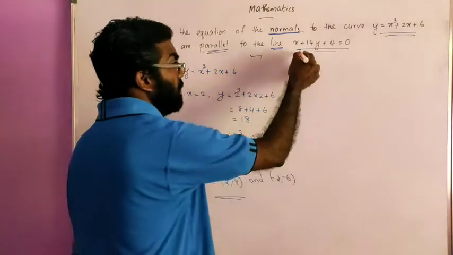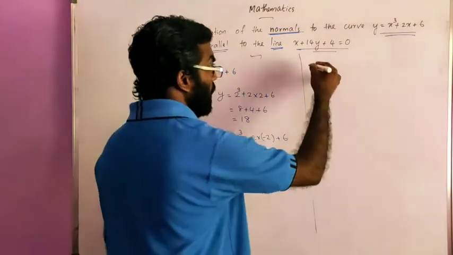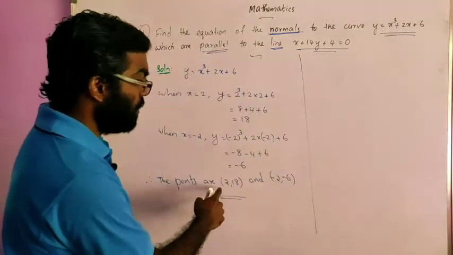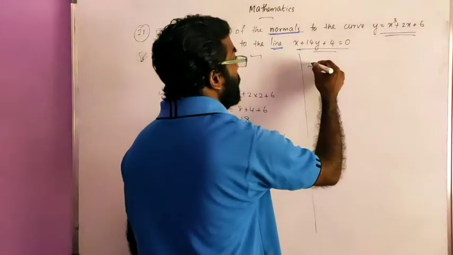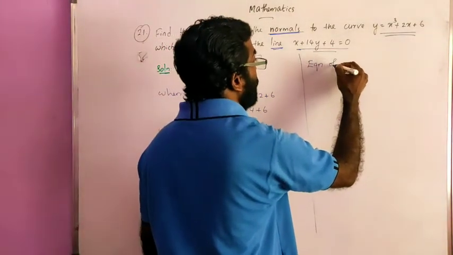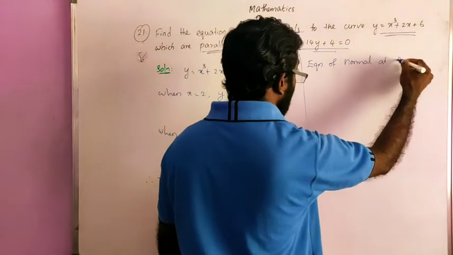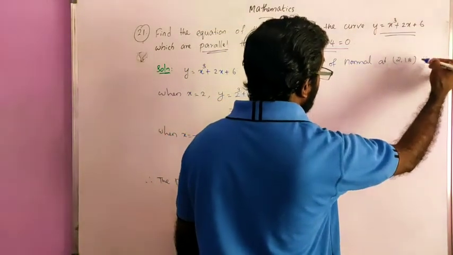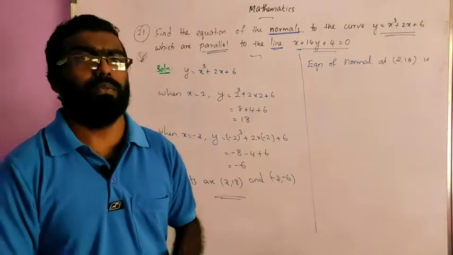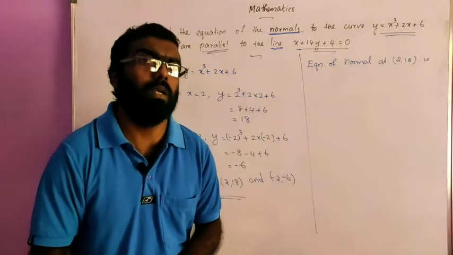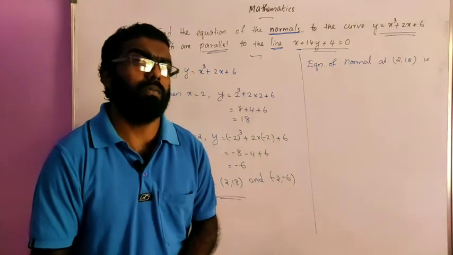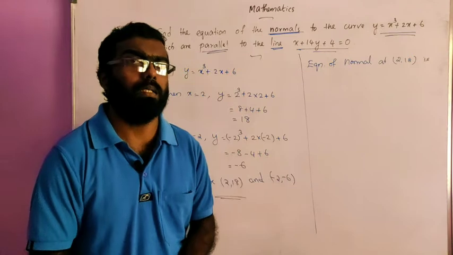Okay. First we can find the equation of normal at the point 2, 18. So equation of normal at 2 comma 18 is, what is the equation of normal? y minus y0 is equal to minus 1 by f dash of x0 into x minus x0.